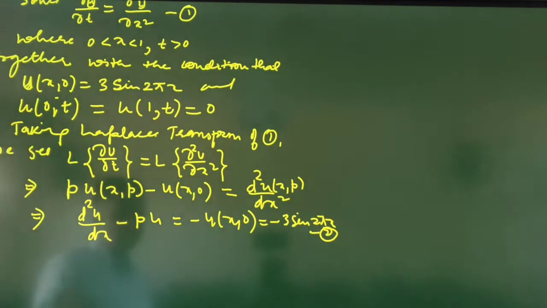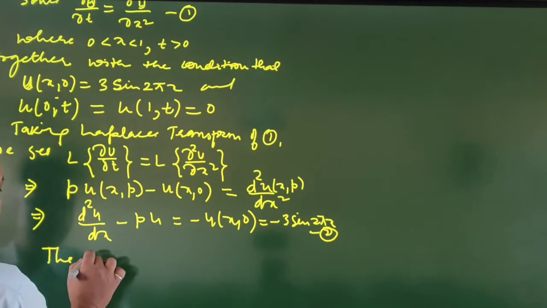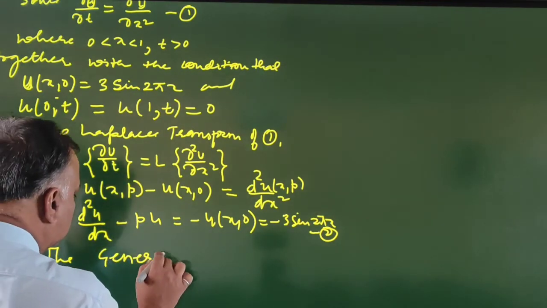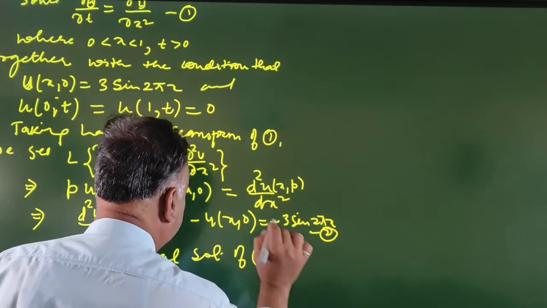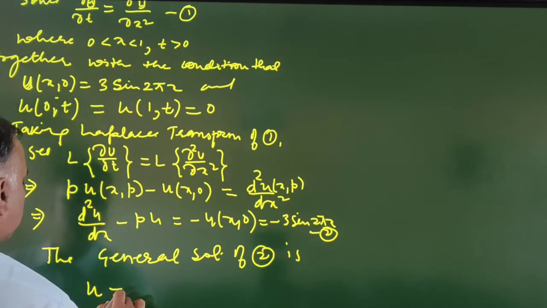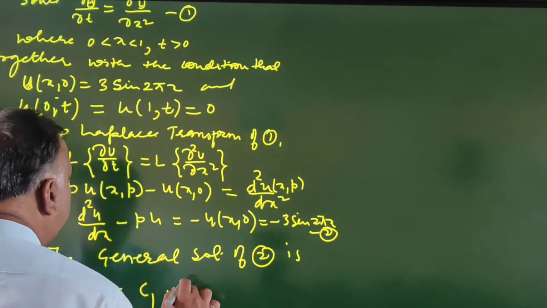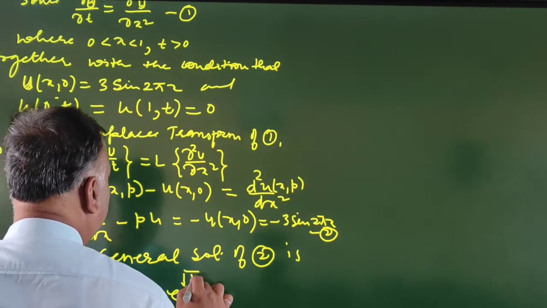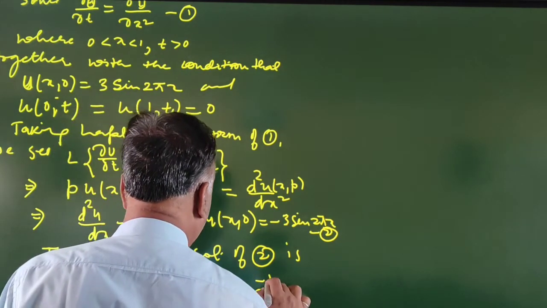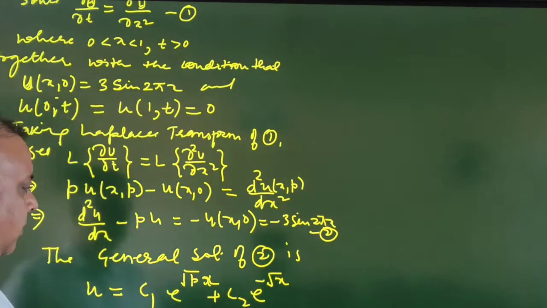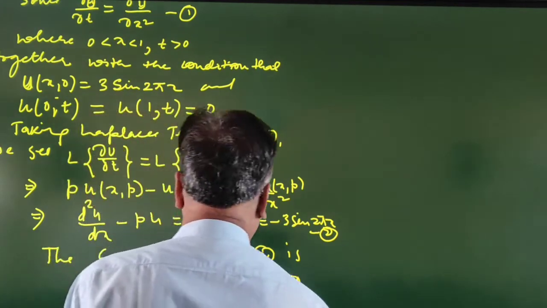The general solution of equation 2 is ū = CF + PI, where CF is C1 e^(√p x) + C2 e^(−√p x).